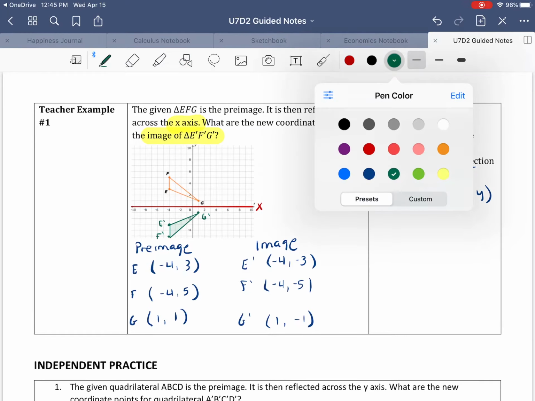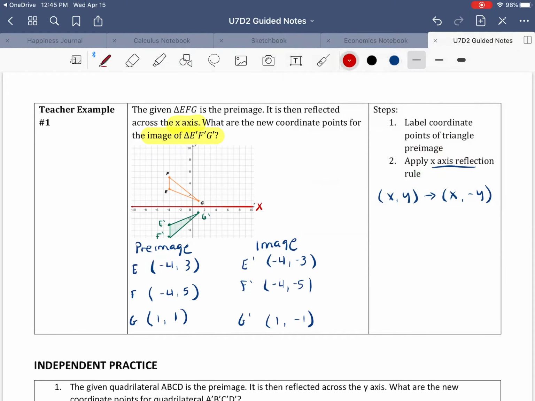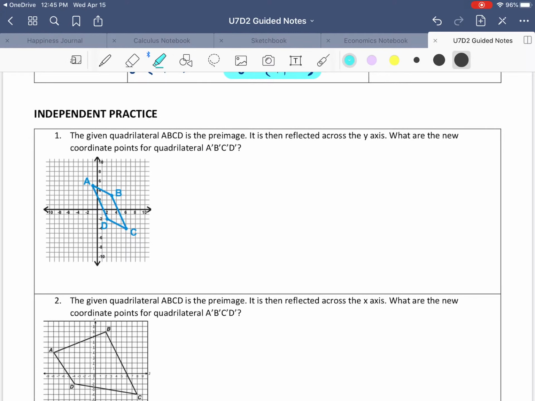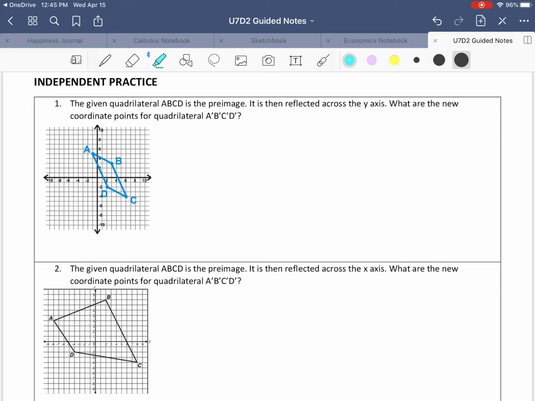And you can tell that each coordinate point is equidistant from our line of reflection. Okay, so we know that we got the right answer there. Take a bit of time and work through these 4 independent practice questions.